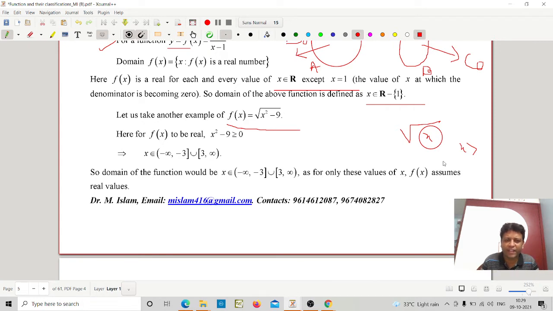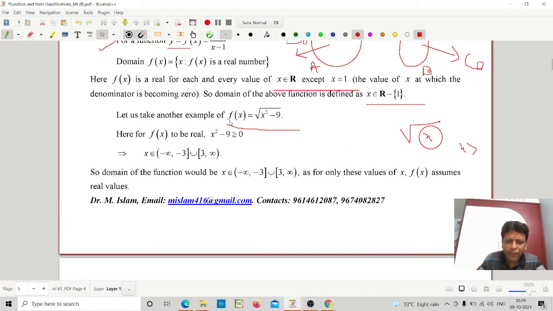That is not in real calculations. We are confining ourselves to the real field only, the real line, the number line, that is minus infinity to infinity. We are not talking about complex or imaginary numbers.